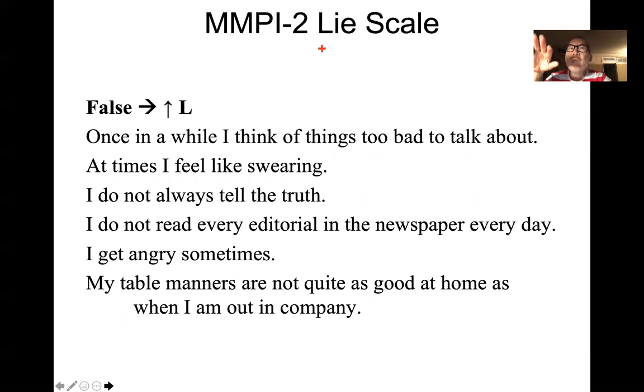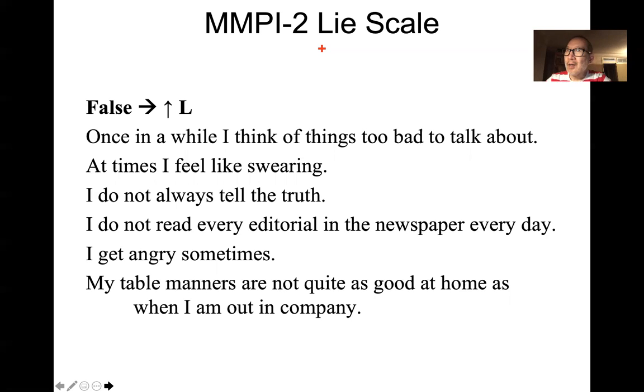All I can tell you is that if you're significantly high on this scale, you are probably hiding stuff that's negative about you. And ultimately, if this is super high, what the test is saying is that the test is probably not valid.